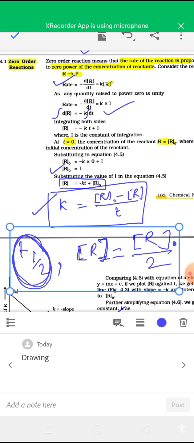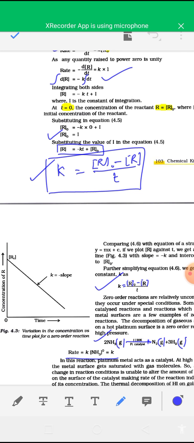Okay, so for zero order reaction, the equation for half-life becomes R naught minus R naught by 2, divided by K, when t becomes t half and the concentration R is R naught by 2.